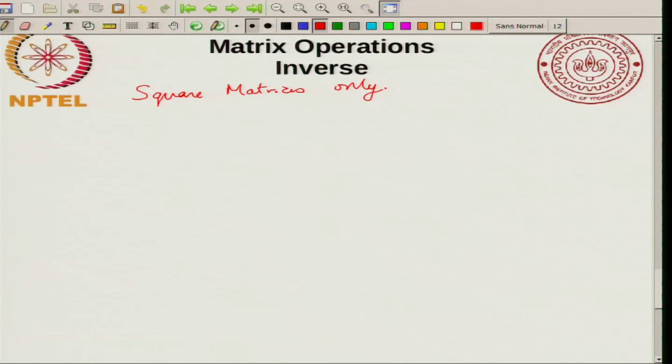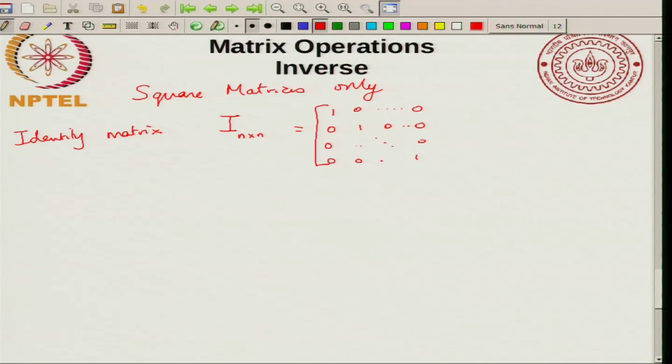In order to define the inverse, we define something called an identity matrix I. If you have an n by n matrix, the diagonal elements are 1 and all the off diagonal elements are 0. So, that is what is called an identity matrix.